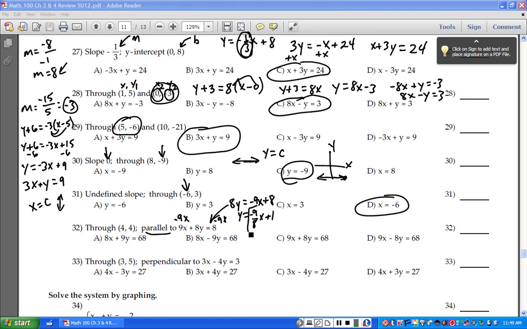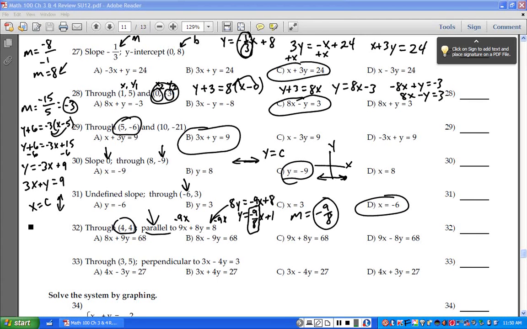So now I have a slope, which is -9 over 8. Once I know my slope, if I need something parallel to that, then that means my new slope is going to be the same, and I have a point. Okay? So I have a point, 4, 4, and I have a slope, -9 over 8.